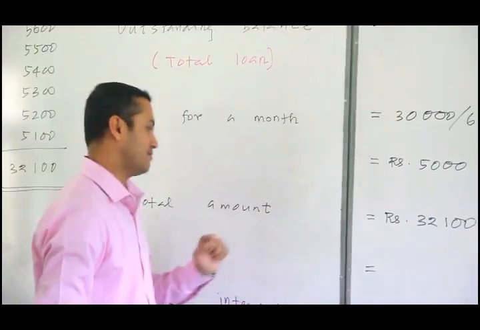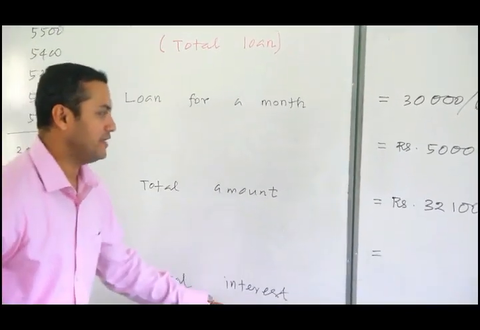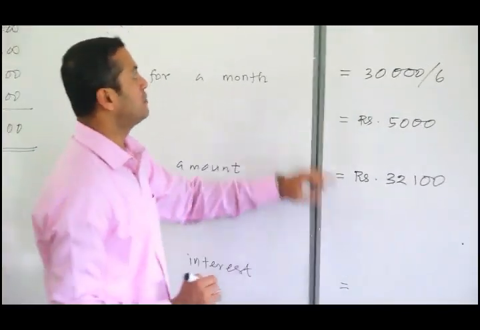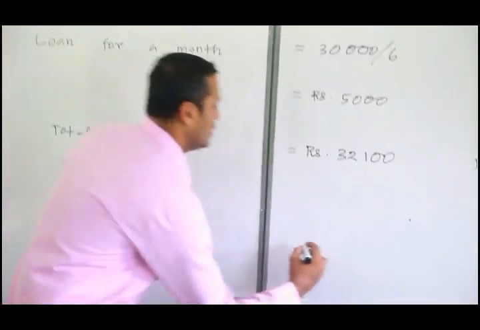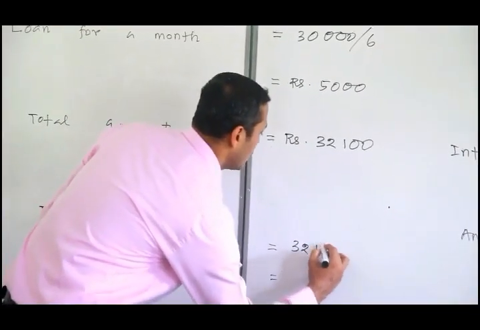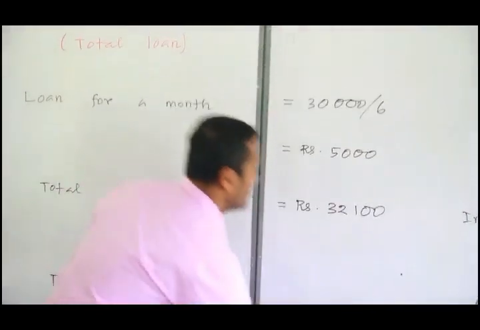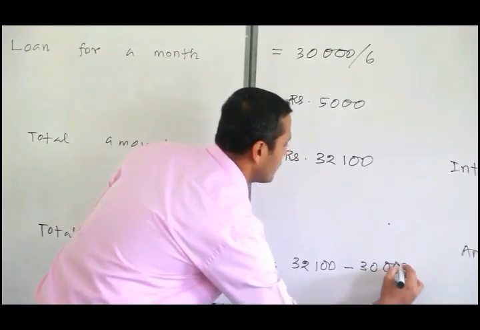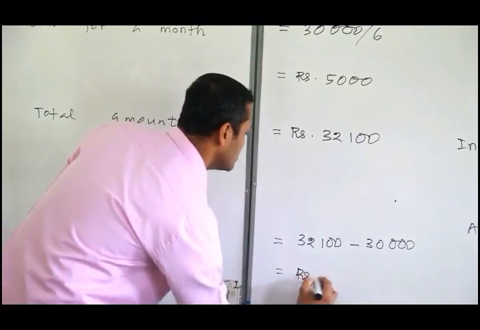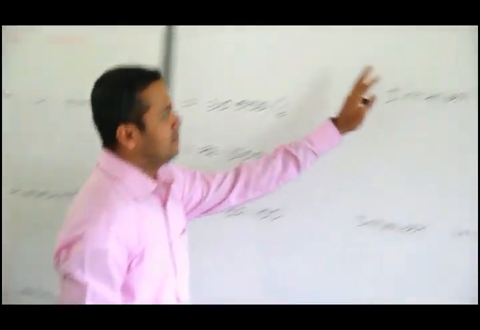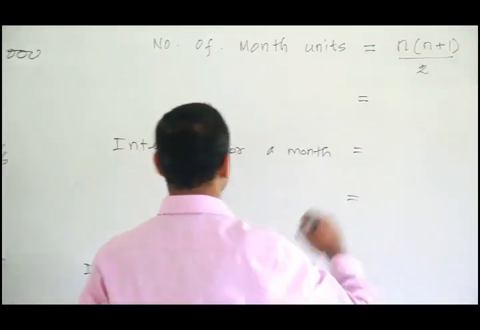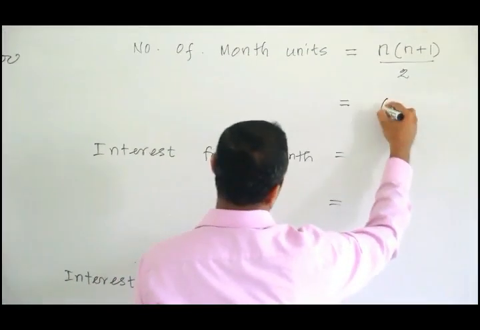Is that clear? Right. Then to calculate the total interest, we subtract the total loan from the total amount. So 32,100 minus 30,000. Then we will get rupees 2,100. Number of month units: this is paid back in 6 monthly installments.